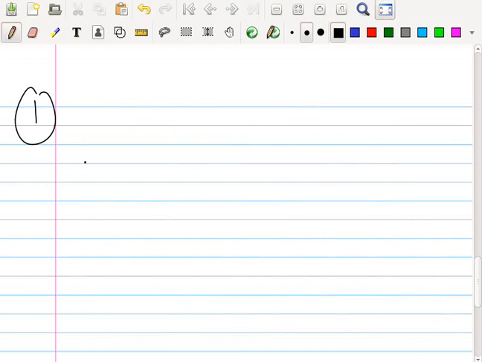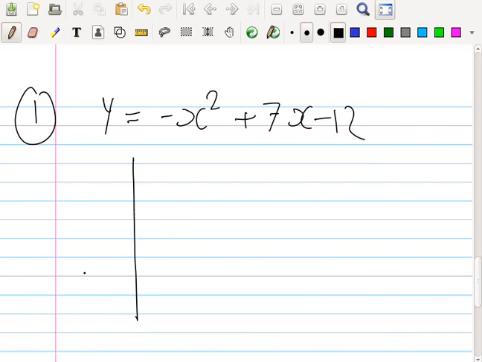Okay, let's have a look at an example here. So, I give you this curve, and I want the area between this curve and the x-axis. If I draw this, what shape will it make? Concave or convex?